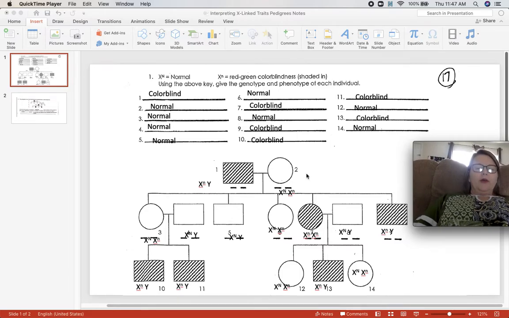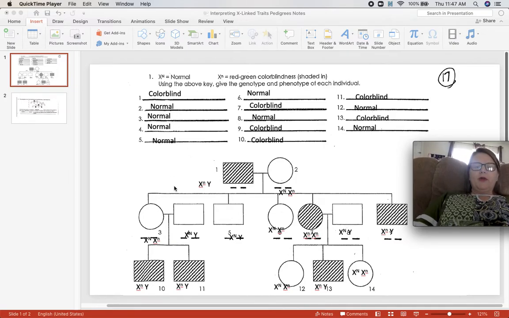I know that X capital N is a normal person. I mean, whatever normal is, right? And then X lowercase n is red-green color blindness. So if they're shaded in, they have this X lowercase n, and that means they're colorblind.